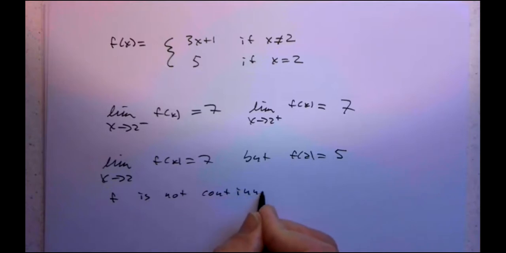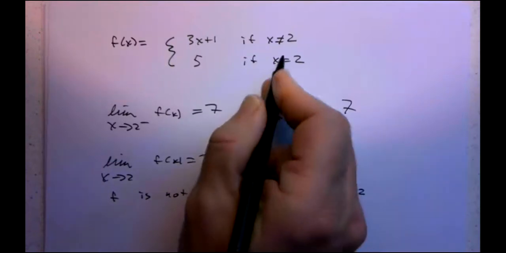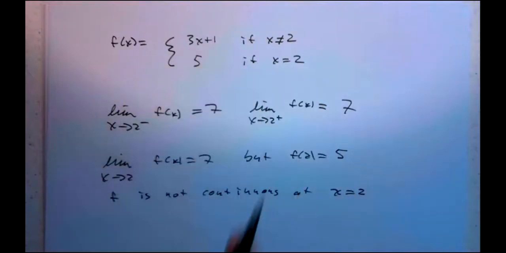But what about the rest of the numbers? Well, away from 2, it's 3x plus 1, and 3x plus 1 is a polynomial. So away from 2, it behaves like a polynomial, so it's continuous everywhere. So f is continuous everywhere except 2.